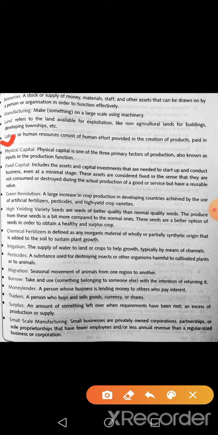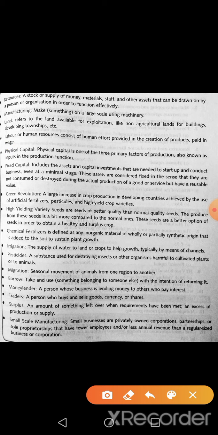Wage means the salary they are given in certain production when they work. Next one, physical capital. In this chapter, we also study physical capital. It is one of the three primary factors of production, also known as input in production.